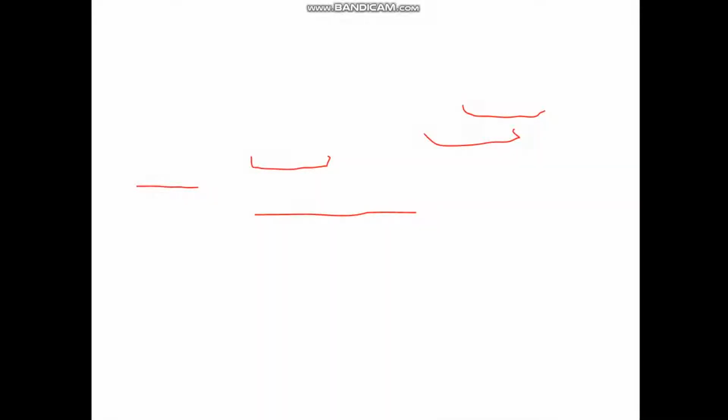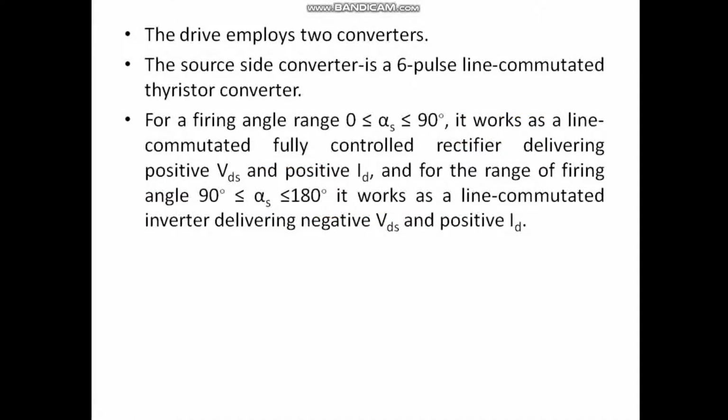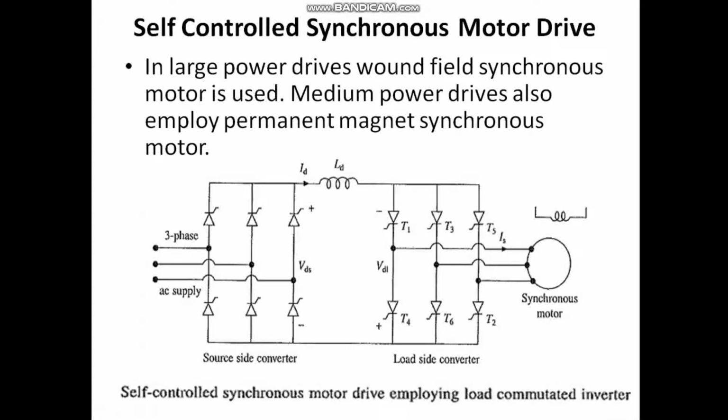I'll come back to this figure. This is my source side converter and this is my load side converter. For firing angles between 0 to 90 degrees, the condition of my current is always positive, either 0 to 90 or 90 to 180 firing angle.